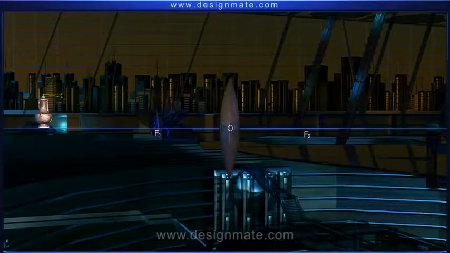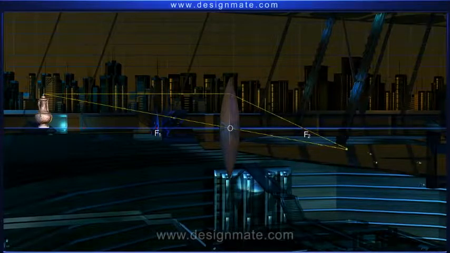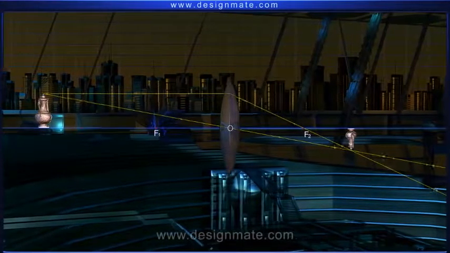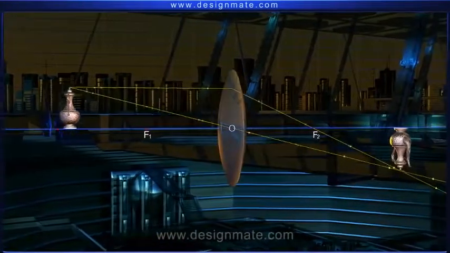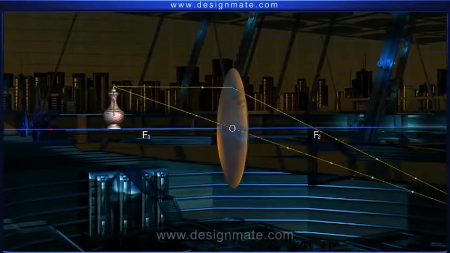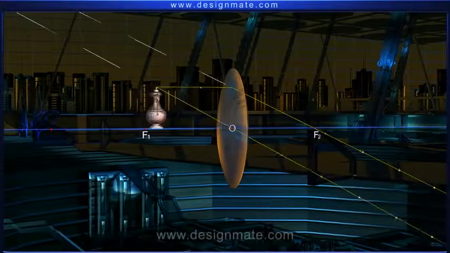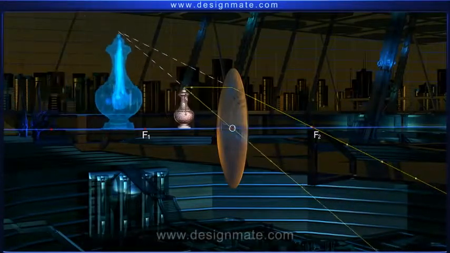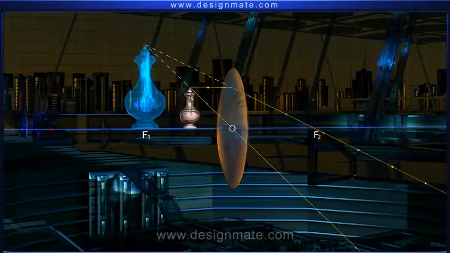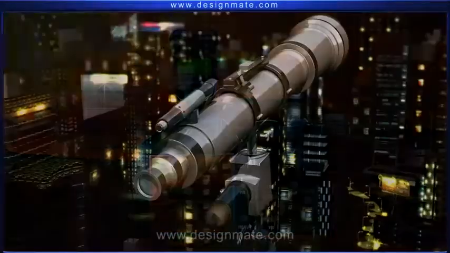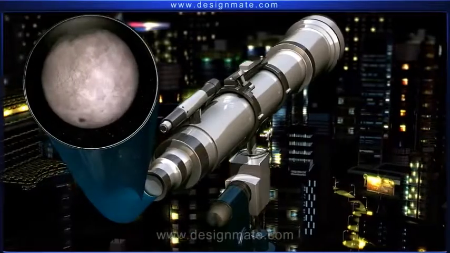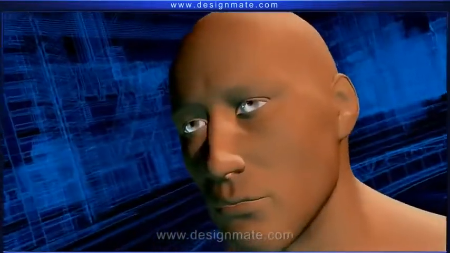For different positions of the object, a convex lens forms images of varying sizes and nature at different locations. These lenses are therefore used in instruments like cameras, telescopes, etc., to form images that we see with our eye, which itself has a lens.